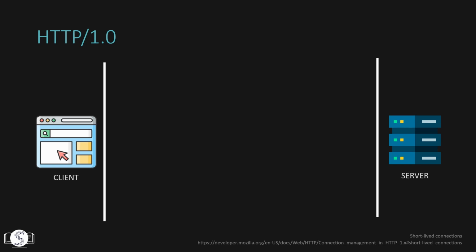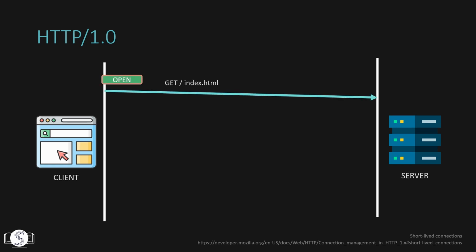In 1996, HTTP 1.0 was released. In this version, when a client wants to send a request to the server, it must open a new TCP connection. After the client receives the response, it will close the connection.